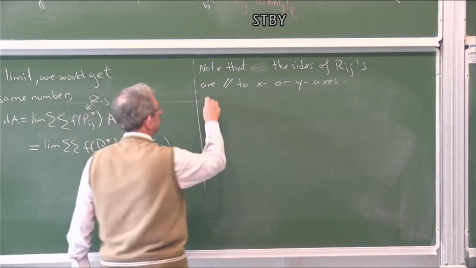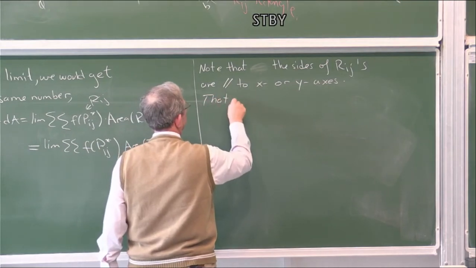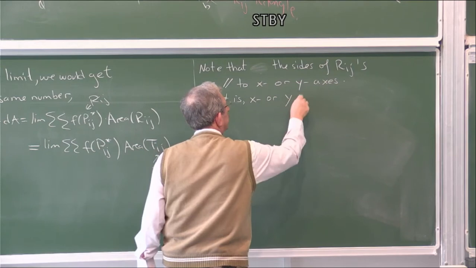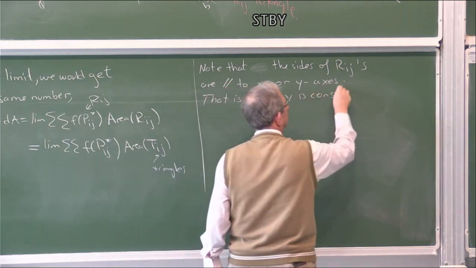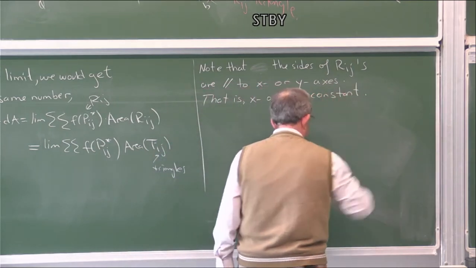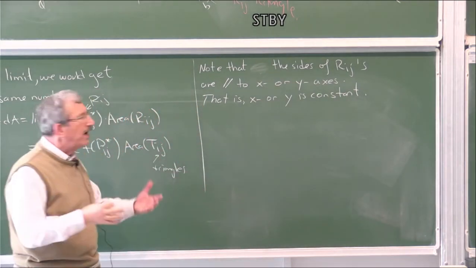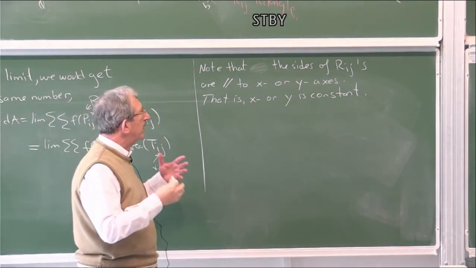In other words, x or y is constant. So the rectangles are so formed that their sides are nothing but x or y is constant.